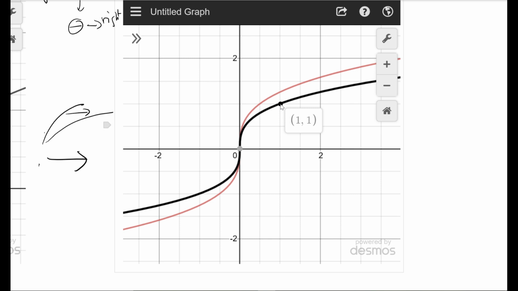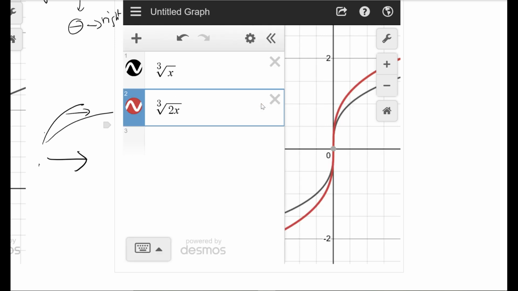And if I look at the same y coordinate, when y is equal to 1, look what happens to the x. The x got cut in half. So the x went from 1 to 0.5, which means that you divided it by 2. So it's the opposite of what you think. So instead of it being a times 2 transformation, it's actually cutting it in half. So this would actually be a horizontal compression by a half.